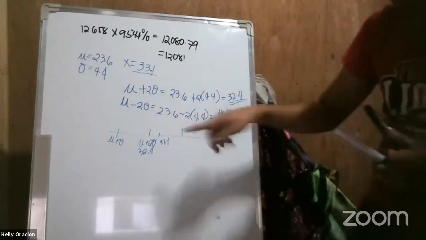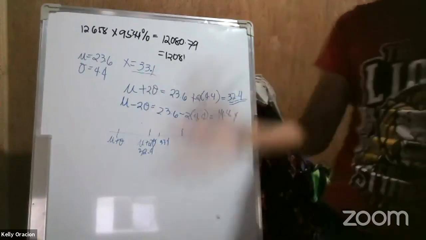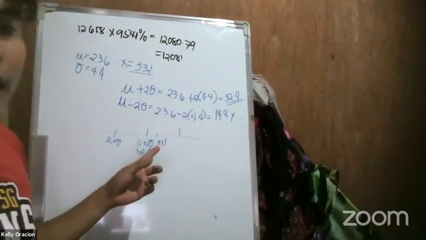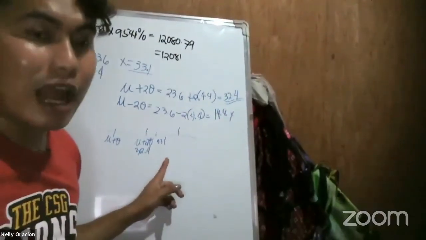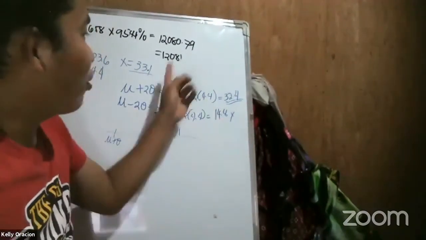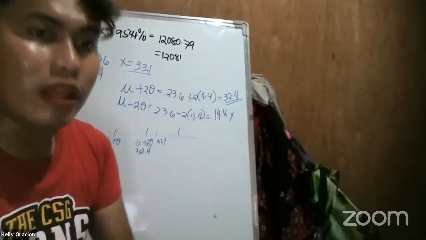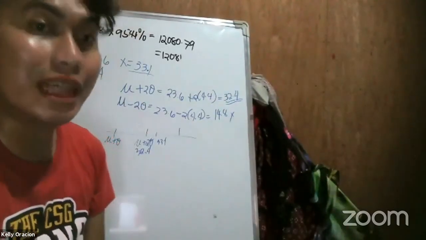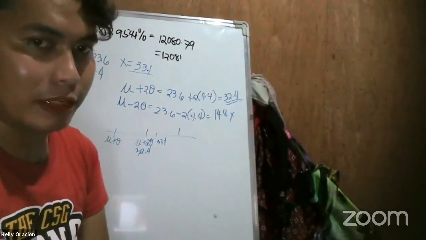That means this 33.1 is an outlier. Based on our graph, 33.1 went beyond. That means 33.1 is an outlier. Take note, the basis for outlier is 2 standard deviations above or below the mean. Okay? So let me present to you my PowerPoint again.